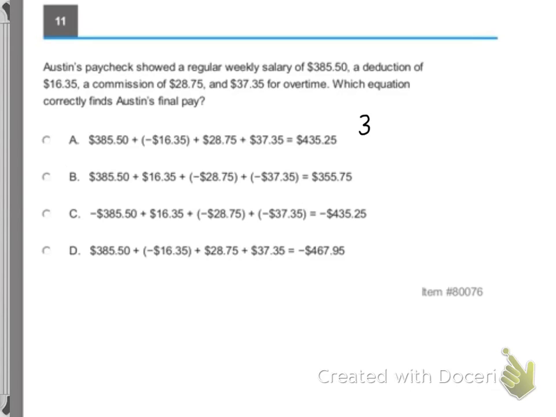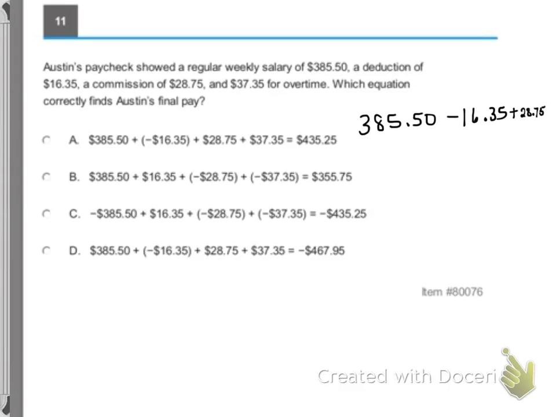So let's see, we would do 385, because that's his paycheck. A deduction, so that would be subtracting $16.35. I'm going to run out of room. A commission, so when you make a commission, it's because they're giving you extra money because you've sold something. Sorry, it's getting smaller because I'm running out of room. And then overtime.